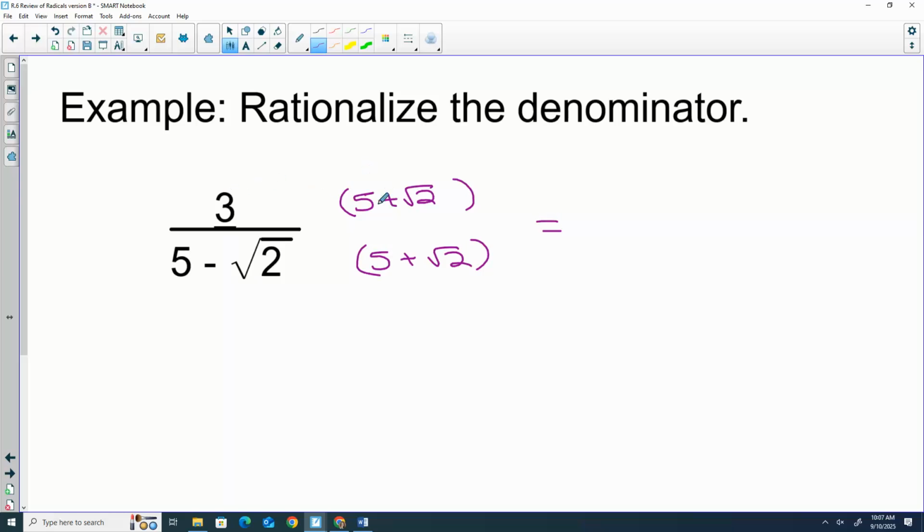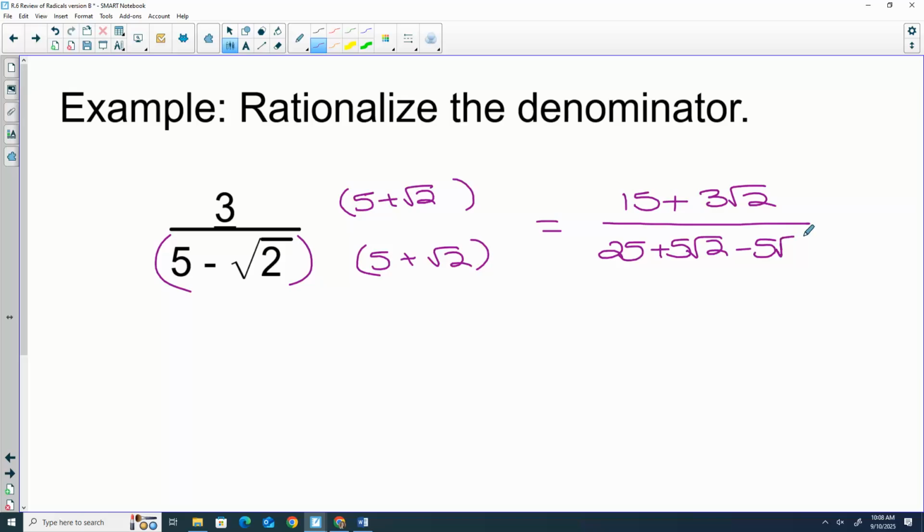So if we distribute, 3 times 5 is 15. 3 times the square root of 2 is just 3 radical 2. On the bottom, we have to FOIL. So we get 25 plus 5 radical 2 minus 5 radical 2 minus radical 4.